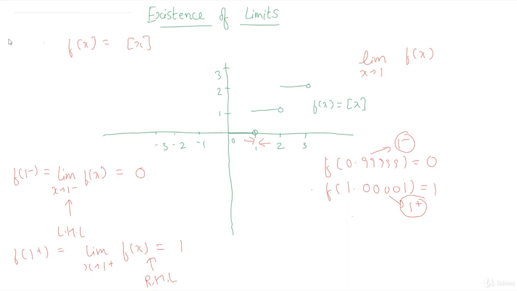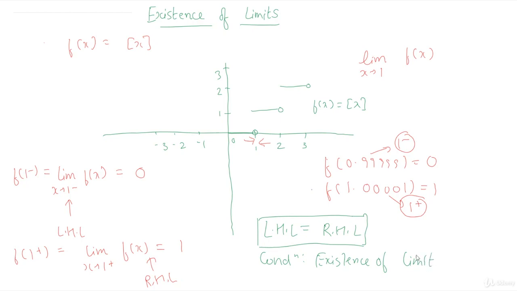This is the basic condition which I am going to write now: the LHL should be equal to the RHL. So this is the condition for the existence of a limit.